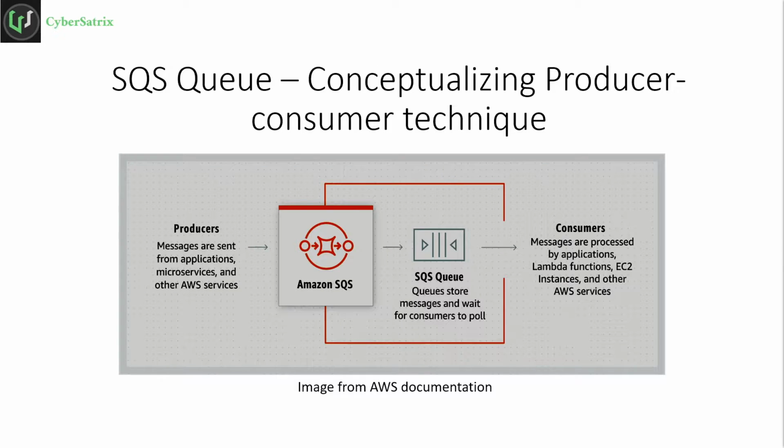As I mentioned, you have a producer here, which is our GuardDuty, the source application which is going to send the data, and there will be a consumer, which is Splunk in our case, which is going to pull the data stored in the SQS queue. It's very simple. The producer sends the data, and SQS stores the messages to be pulled by the consumers.